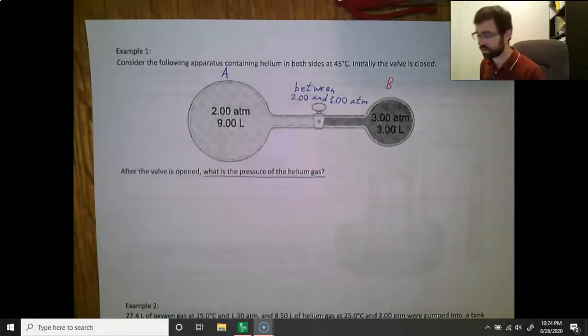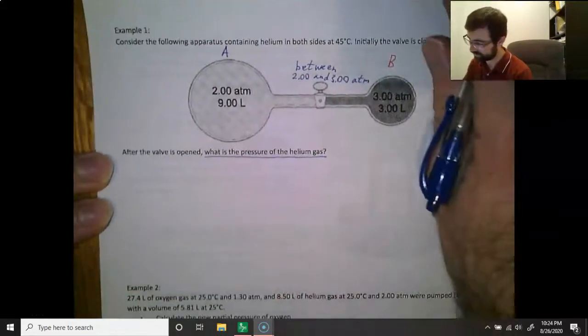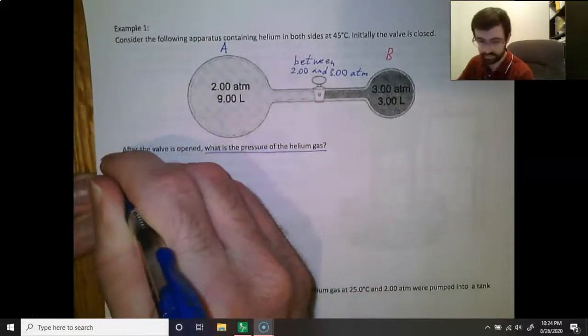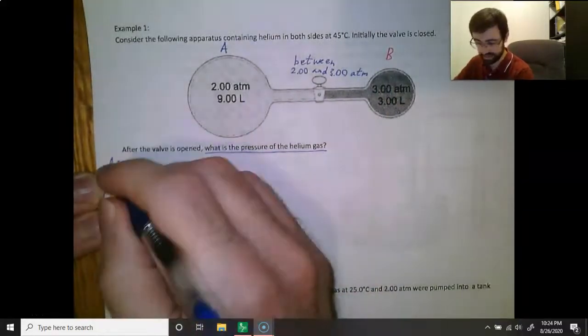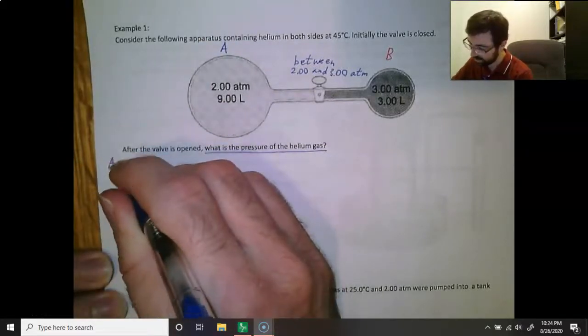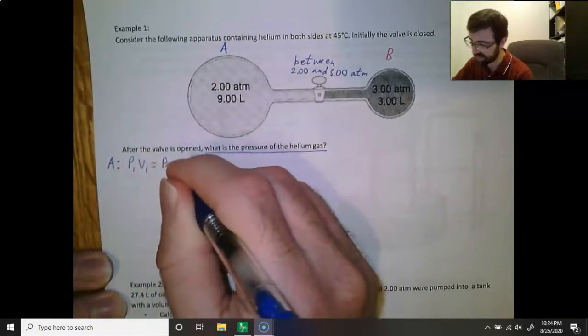For A, because our pressure and our volume are all that's changing, we're going to use P1 V1 equals P2 V2.